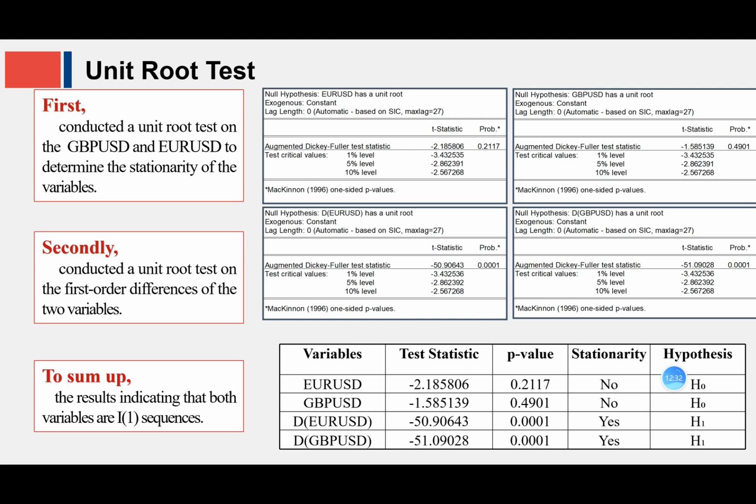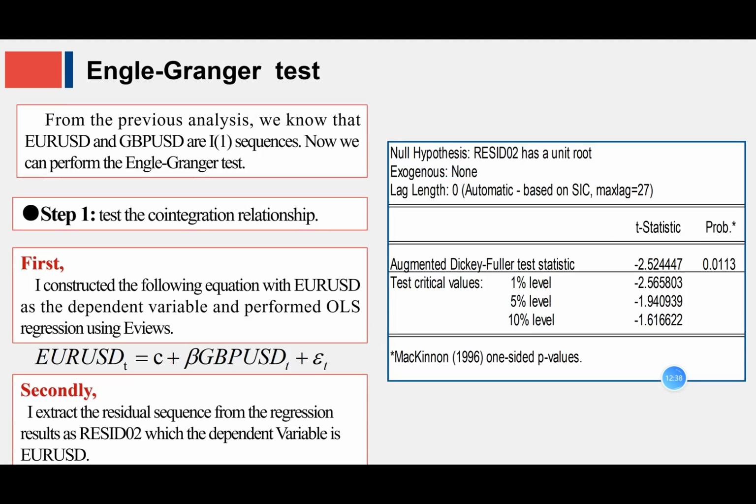To sum up, the results indicate that both variables are I(1). From the previous analysis, we know that EUR/USD and the GBP/USD are I(1). Now we can perform the Granger causality test. The first step is to test the cointegration relationship.